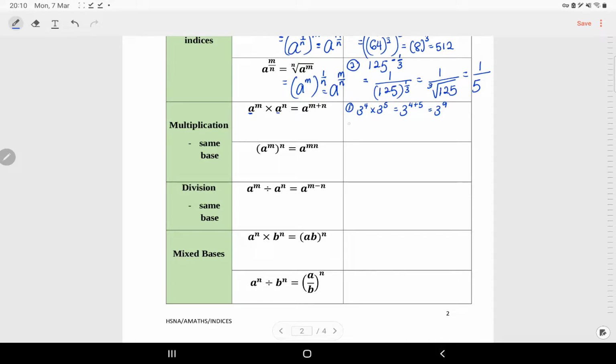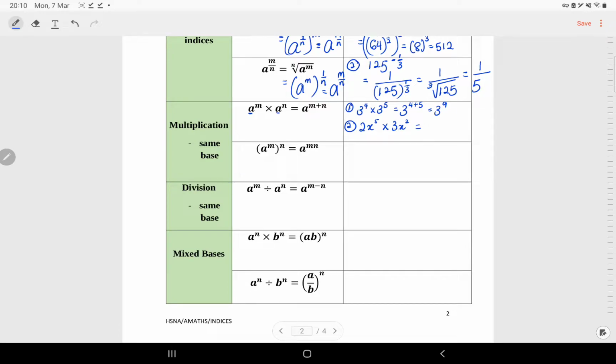Or say, for example, you have 2x to the power 5 times 3x to the power 2. The first thing you need to do is see the constant 2 and the constant 3.